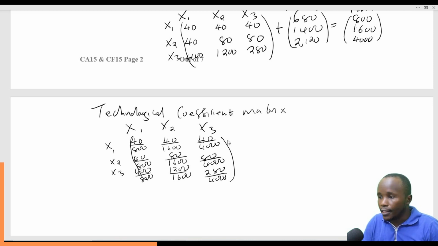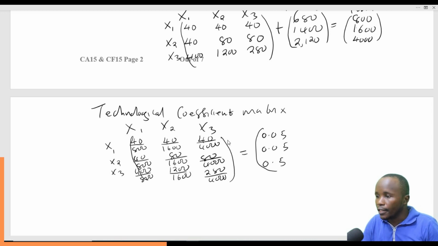When you do it right, you get that 40 divided by 800 is 0.05. The same here, 0.05. And then here it is 0.5. 40 divided by 1,600, this is 0.025.